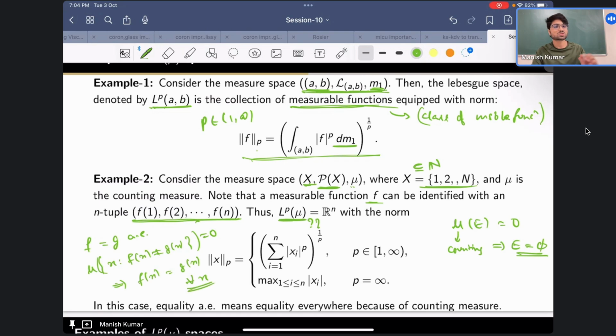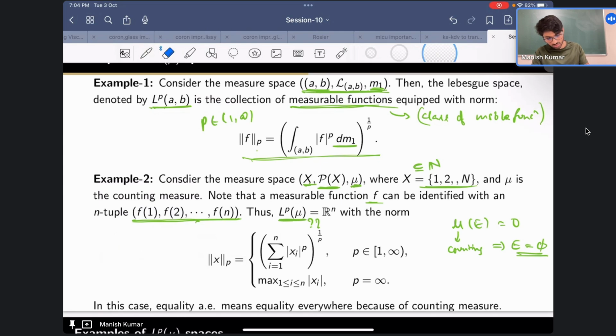Here almost everywhere is the same as everywhere. Almost everywhere means at each point they are the same, in this context where mu is the counting measure. That is just the point I wanted to make here.